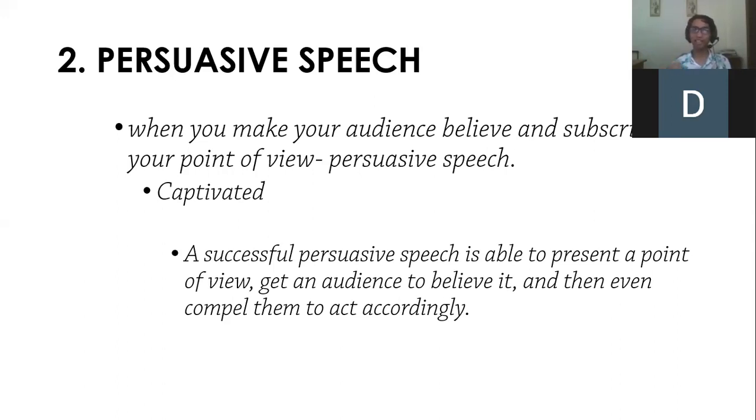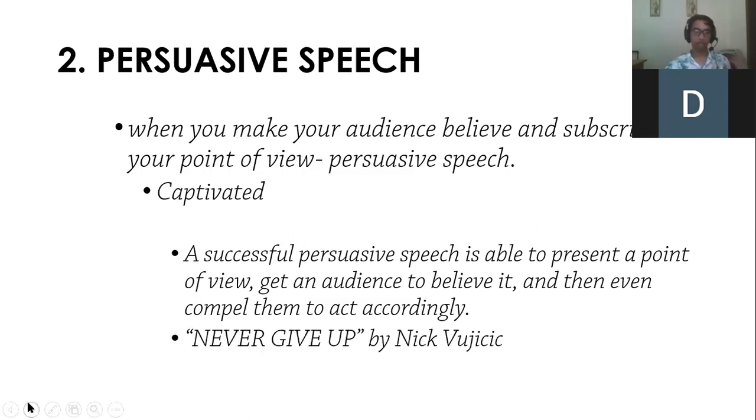Before anything else, you would also tell yourself that you will be doing that particular action before you can ask someone to do it themselves. Okay, so that's persuasive speech. Let's see if there's an example. There's an example, Never Give Up by Nick Vujicic. You can browse on YouTube, Never Give Up by Nick Vujicic.